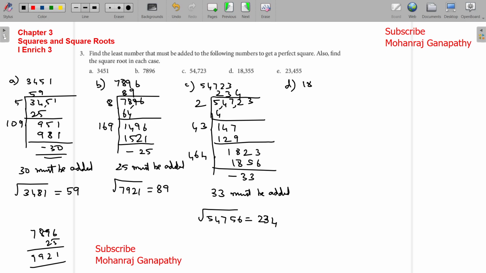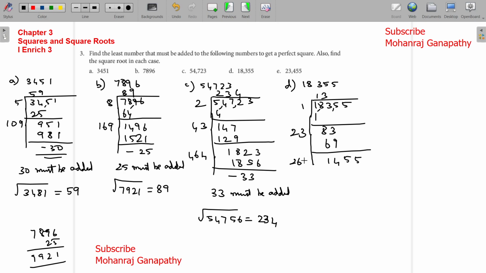D. 18355. 1 ones are 1. 83, 23. 3 times 69. 7 minus 6 is 1. 13 minus 9 is 4. 5526. 6 times, 6 sixes are 36. 36, 39. 12, 13, 14, 15. 1596.